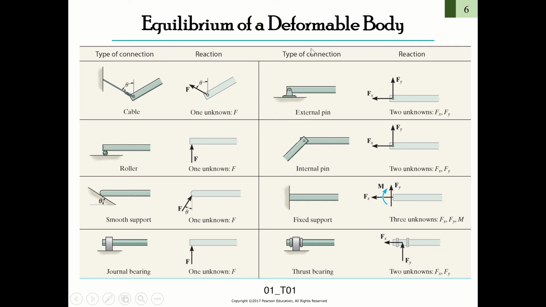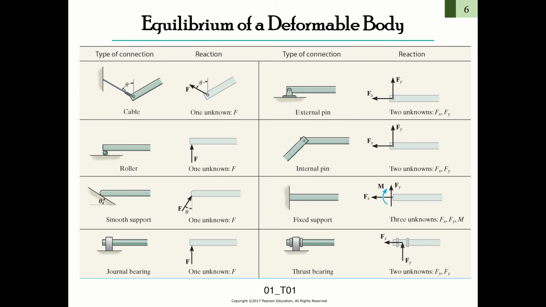Another type of connection is the external pin. The body is pinned at this point, so if it is a pin, both the vertical and the horizontal force can be constrained.